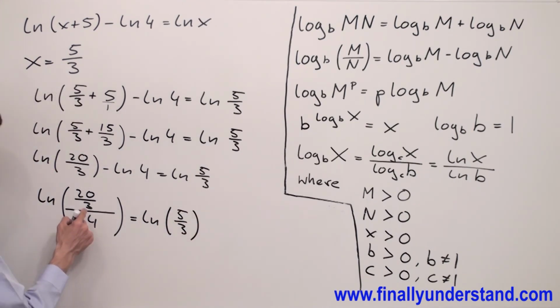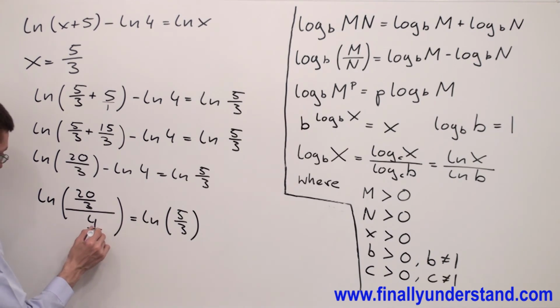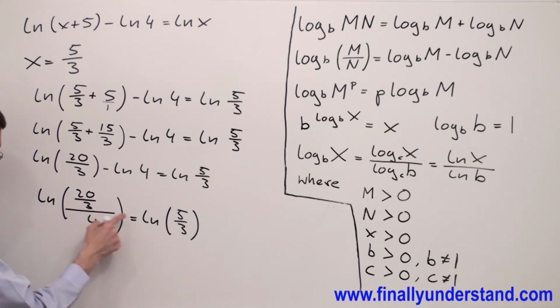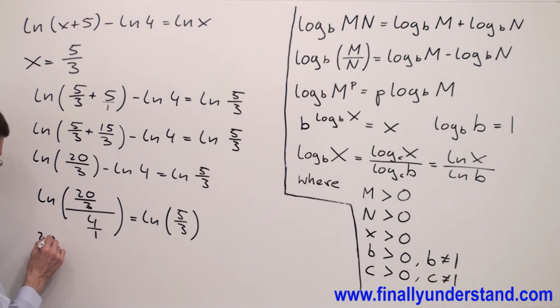I'm dividing fractions, so I'm going to convert the denominator also to a fraction, 4 over 1. So I have to keep in mind that I have logs on both sides. I can take them out at this moment. So I'm going to have 20 over 3.